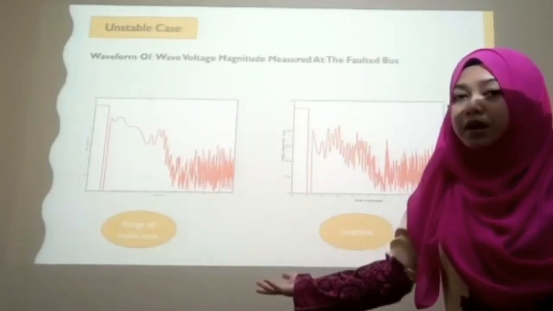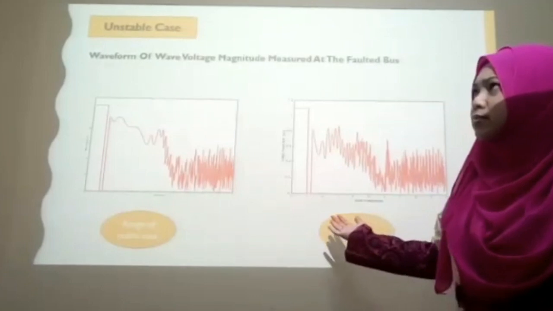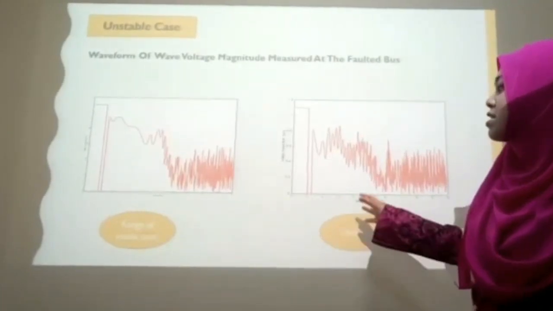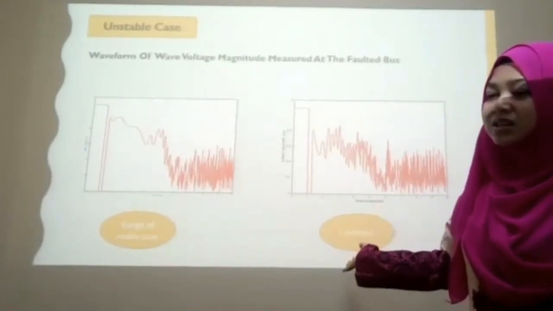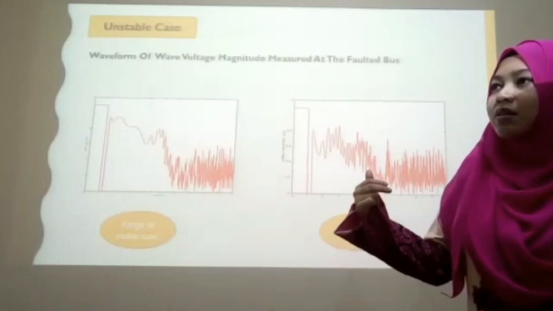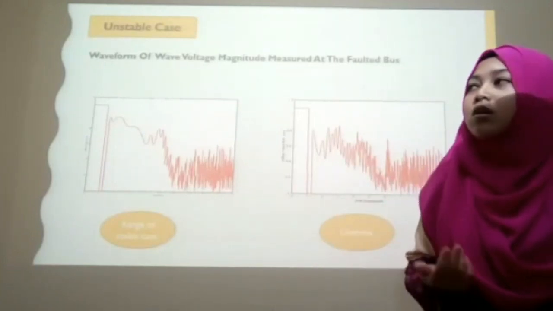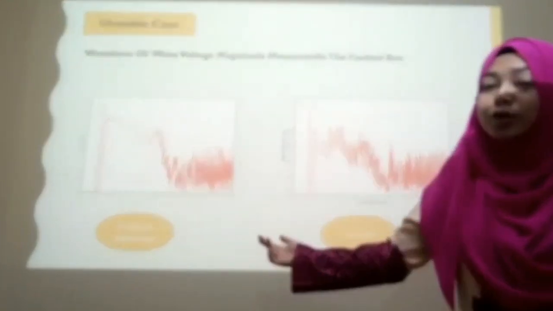The waveform is broken apart. When we apply the time at 1.27 to 1.28, we can see there is an unstable curve. So we can consider that the fault at bus 74 can run until 1.19 to 1.2.